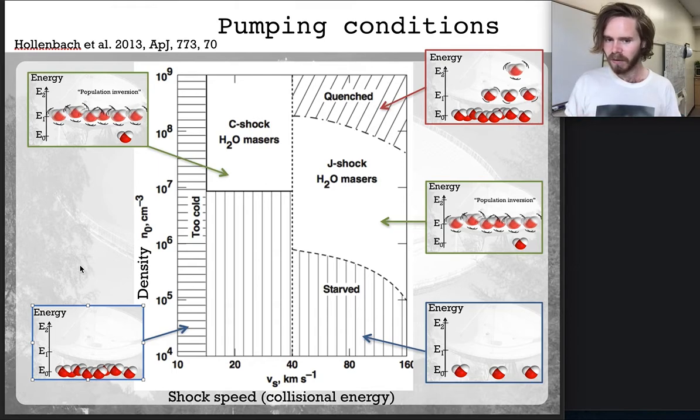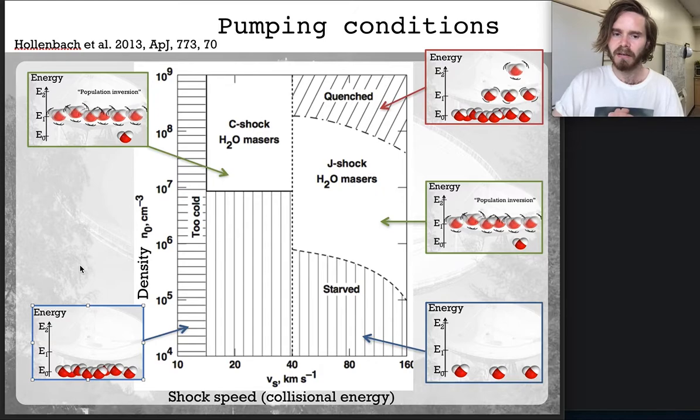In the case of water masers, this comes from collisions. They also need certain amounts of radiation in the environment, but the main source of energy is collisional energy. So the shock speed, you can think of it as a proxy for the collisional energy. The faster the shock is going, which is the x-axis, the more collisional energy there is. And then the density is literally just the number density of molecules in the cloud.